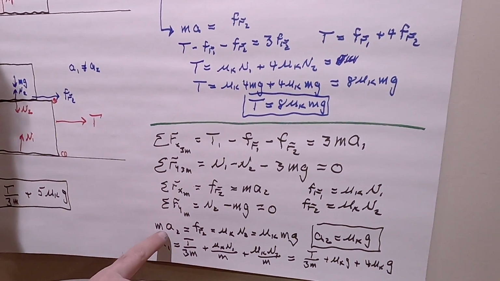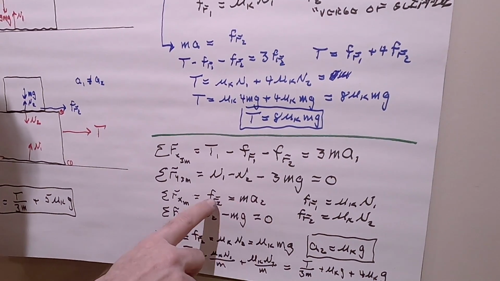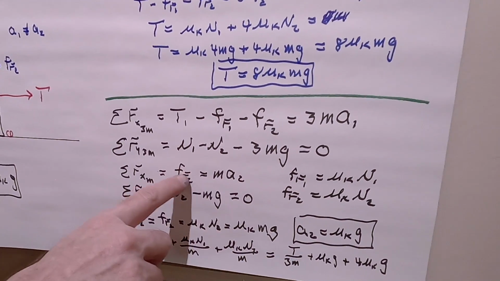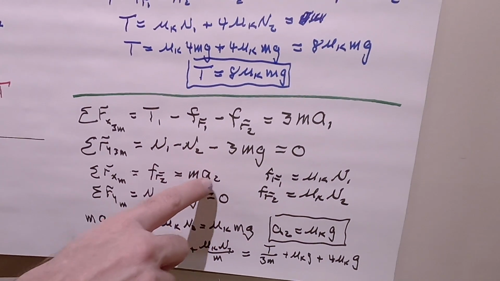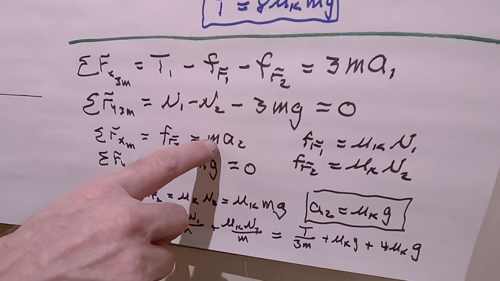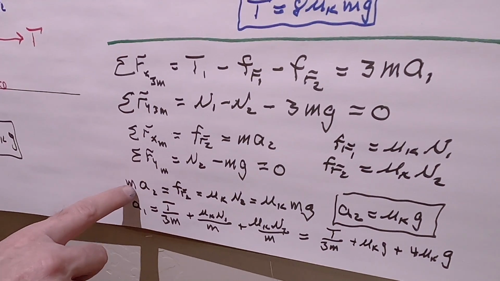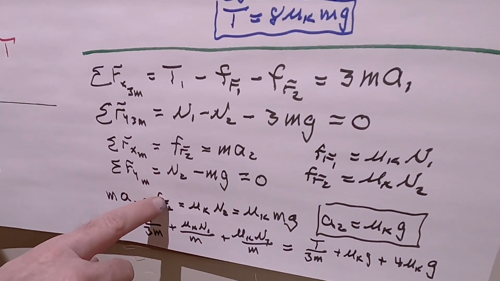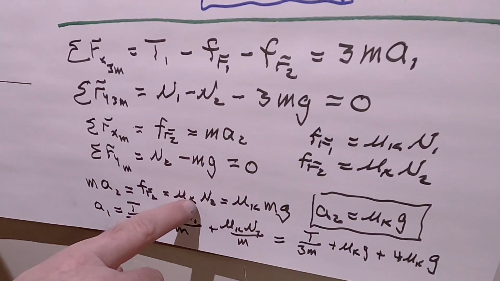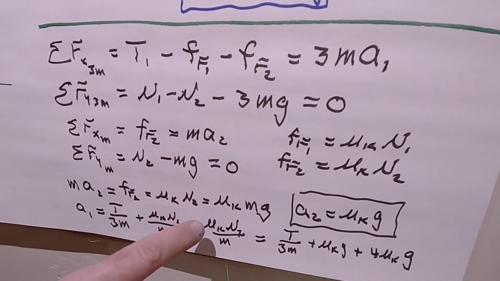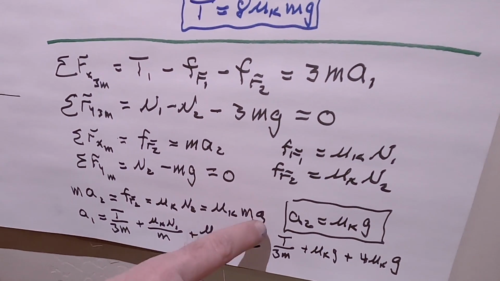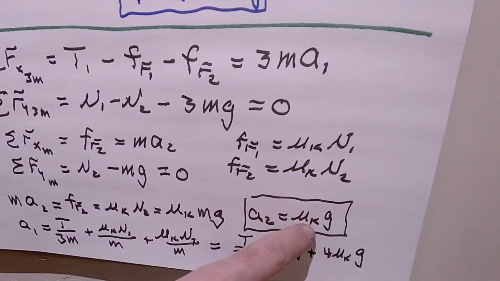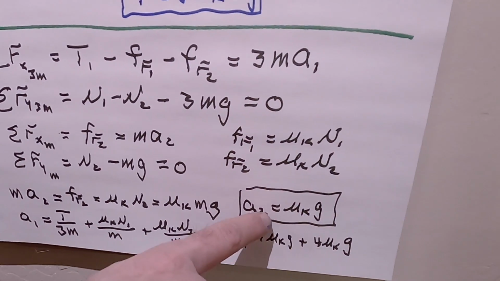So now I can say, let's go to this equation and solve for A2. Well, A2 is just frictional force 2 divided by m. So MA2 is just the frictional force, but the frictional force we said was mu K N2, and N2 was mg, so A2 is mu K g right here.